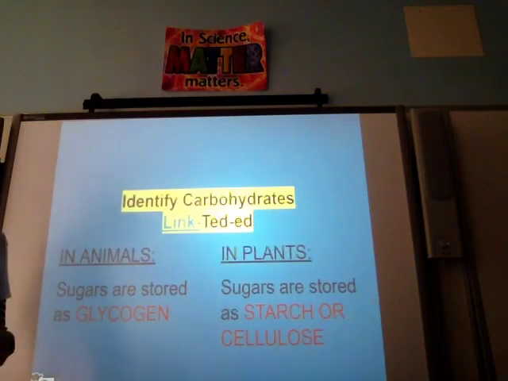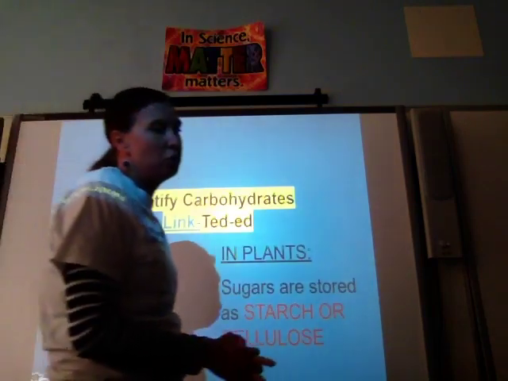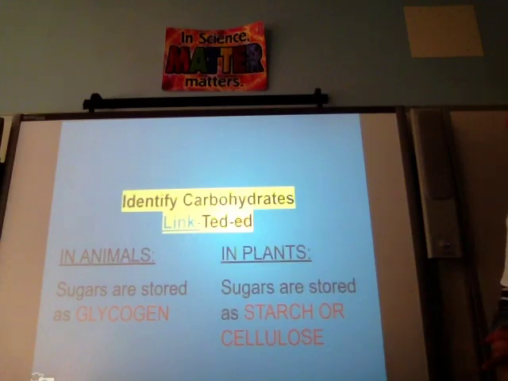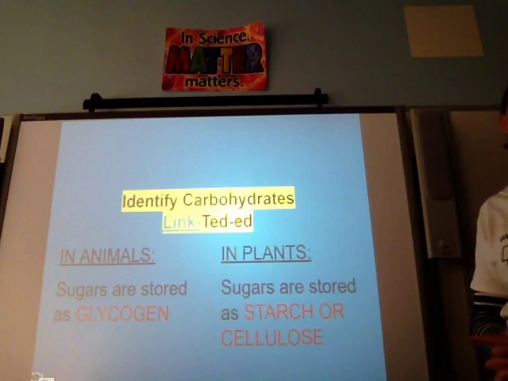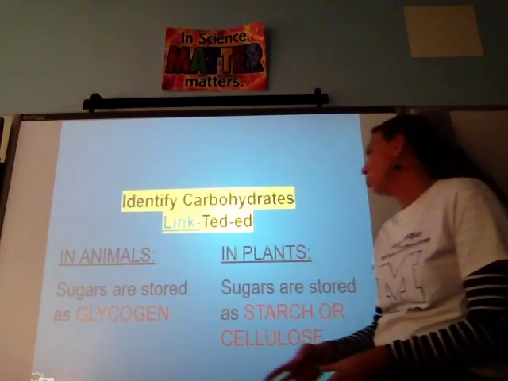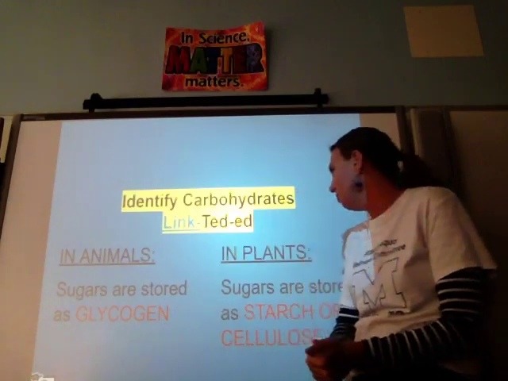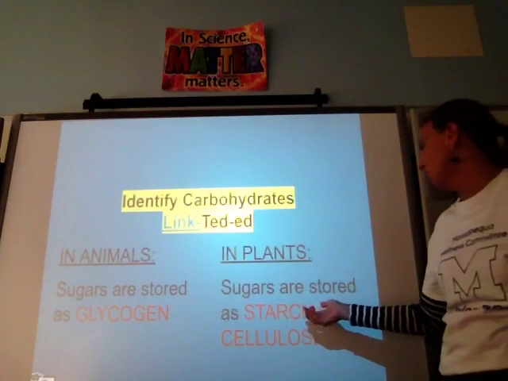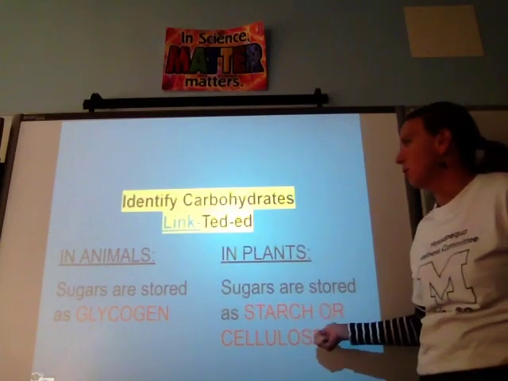Now, there are more types of sugars that become complex. And those complex sugars have different types of names. There are the ones that are stored in animals, and those are called glycogen. And the ones that are stored in plants are things like starch or cellulose.